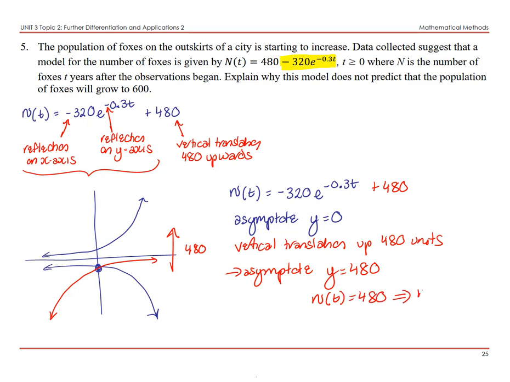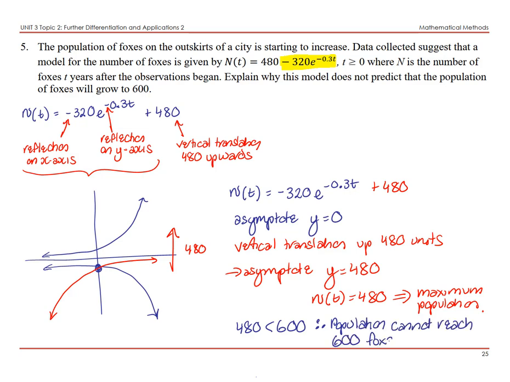That there is the maximum population. 480 is less than 600, therefore population cannot reach 600 foxes.